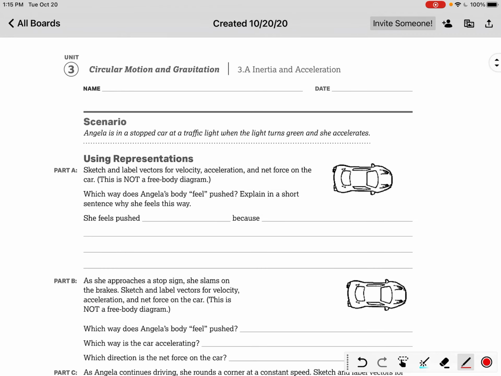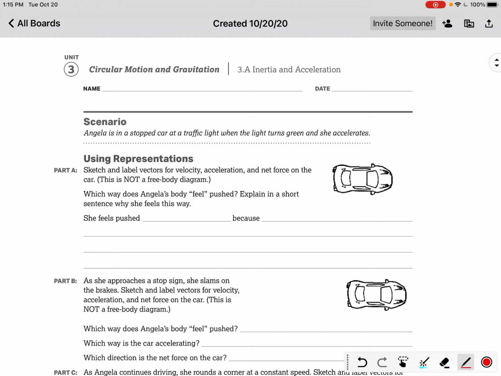This is worksheet 3.A. We're going to look at inertia and acceleration as we start to look at circular motion. So in this scenario, we're going to try to understand why in certain situations our body feels like it's being pushed in a certain direction.